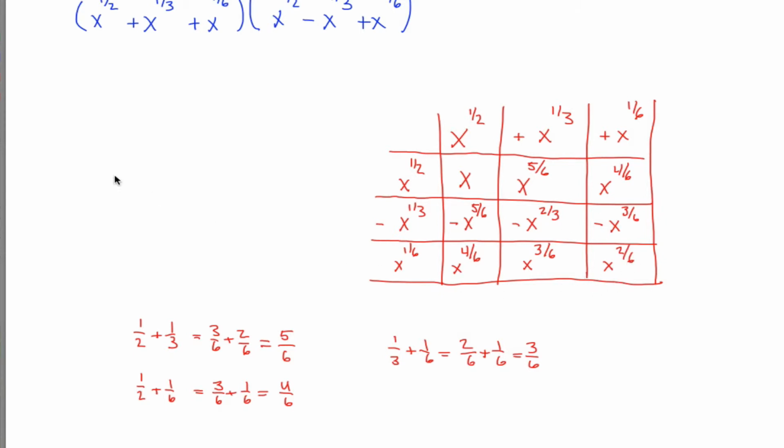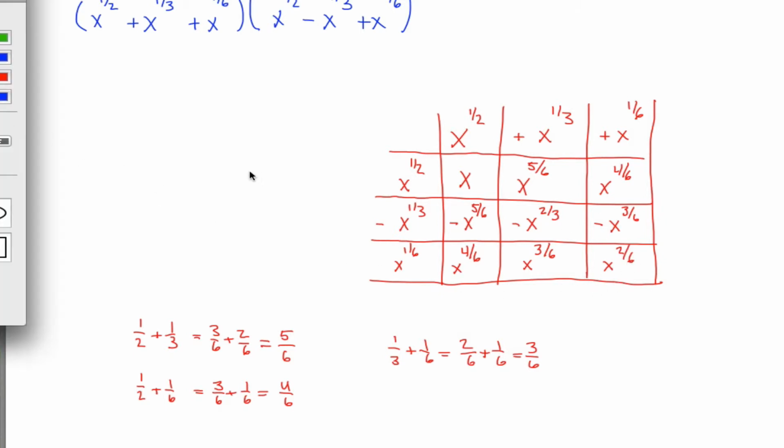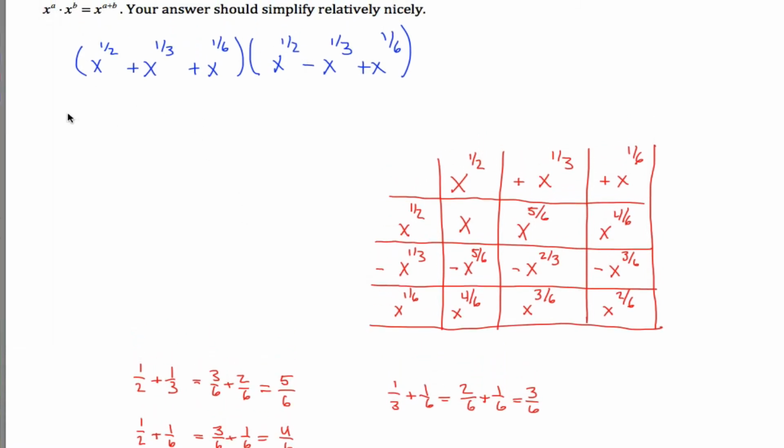So what that's saying using the box method is that the product of these two things is the sum of these 9 things. In other words, x plus x to the 5/6 plus x to the 4/6, minus x to the 5/6 minus x to the 2/3 minus x to the 3/6, running out of room, plus x to the 4/6, 3/6, and finally 2/6.